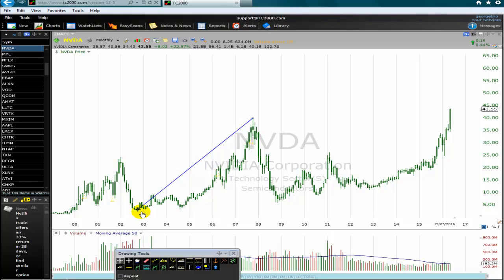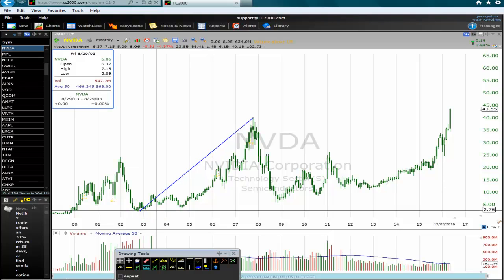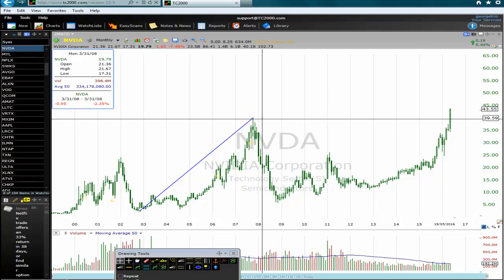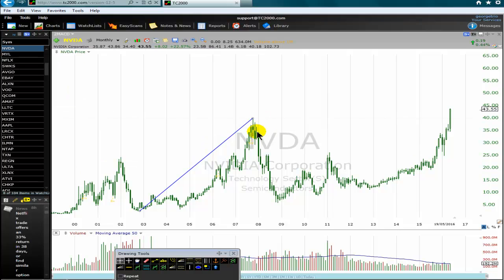Price went up from the level of $2.76 all the way to $39. That's a bullish trend, for how many years? From 2003 to 2008, five years at least. This was a trending phase.